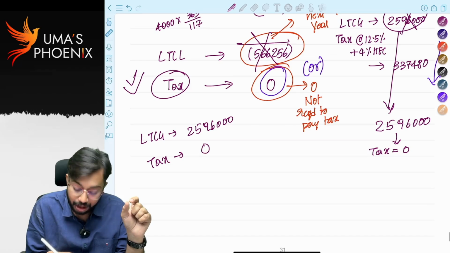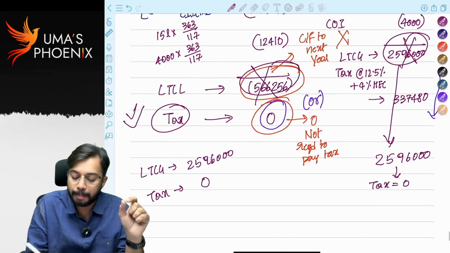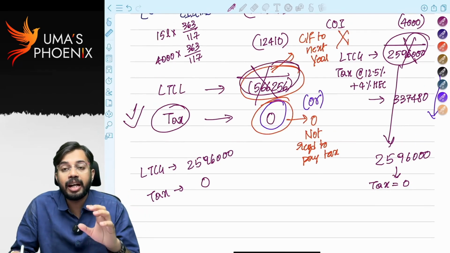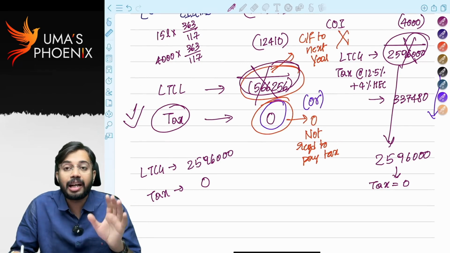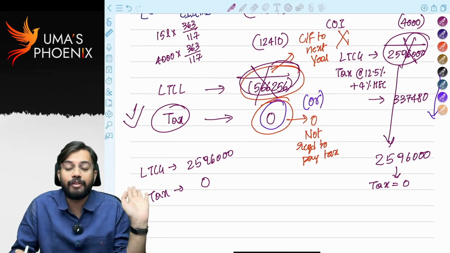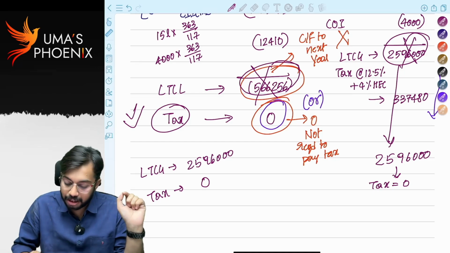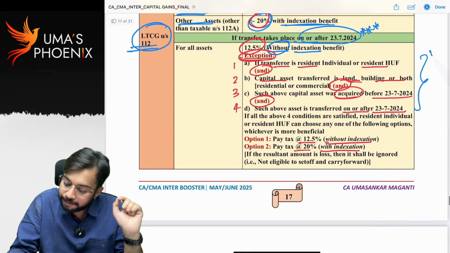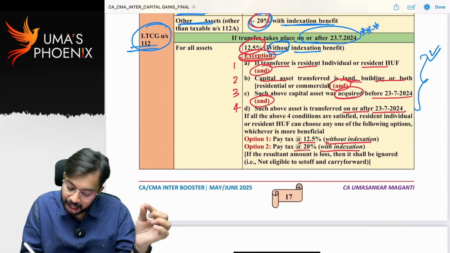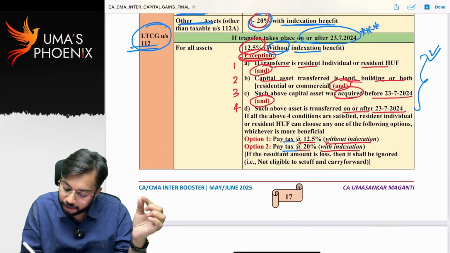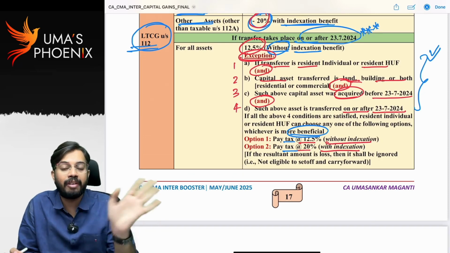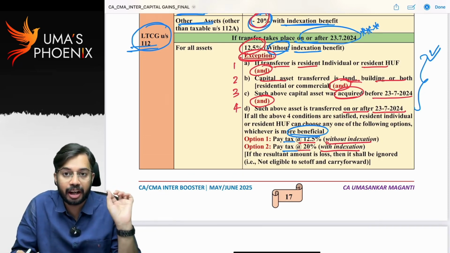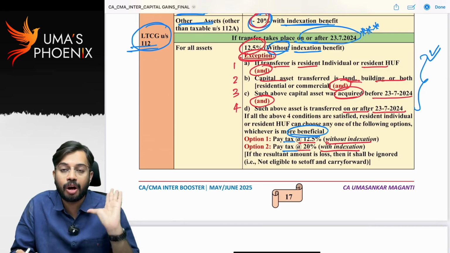Is it clear? So whatever long-term capital loss comes if indexation is claimed, that long-term capital loss cannot be carried forward to subsequent years, because if the 4 conditions are satisfied, benefit is available only for calculation of tax. Benefit is not available for calculation of income. So I hope you understood the concept now.